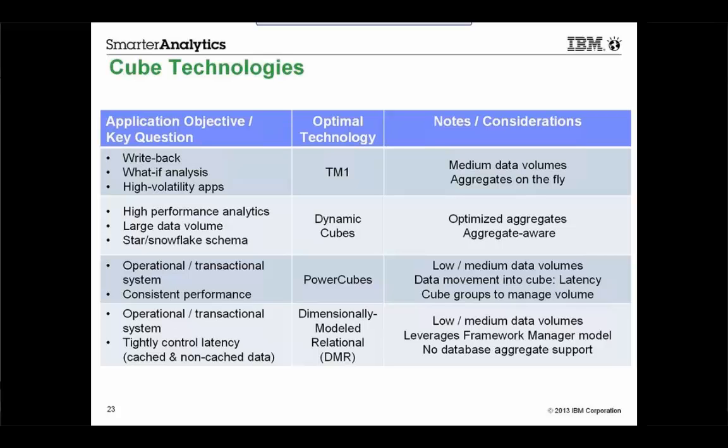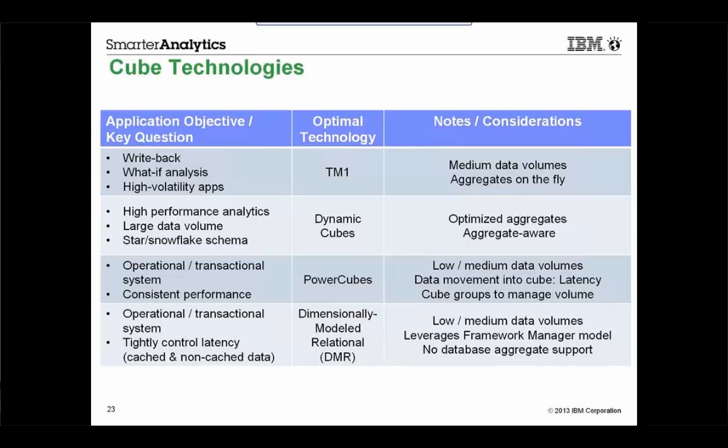If you want high-performance analytics, you have large data volumes and your warehouse is in a star or snowflake schema, dynamic cubes fits the bill. If you want consistent performance on your transactional operational system, PowerCubes continues to be the choice. Or if you want to get up and running really fast with a smaller data set and you want to control the latency and the caches, we recommend dimensionally modeled relational, or DMR.